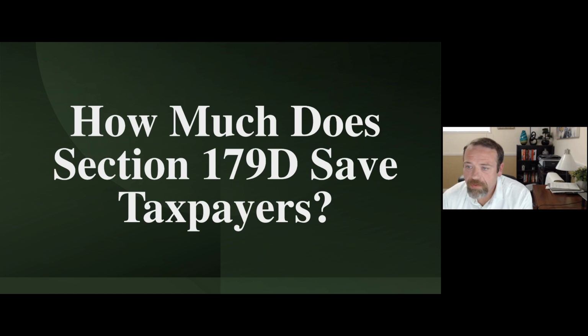And so this part of the topic that we're going to jump into is essentially how much does Section 179D save taxpayers? And as I said, the way that I always look at this is I really want to know at the end, what is the bottom line for the taxpayer? How do we translate these things into actual actions, and what does that actually look like on their tax return?